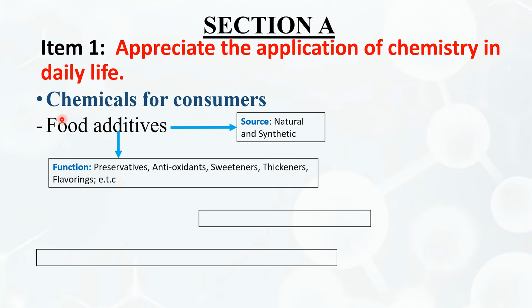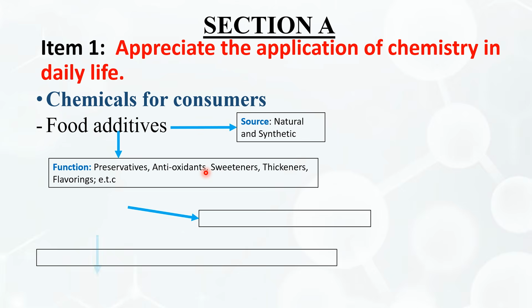Number 1, which we have said, is food additives. Food additives can be categorized according to the source, and also according to the function. But we don't need to forget that even these preservatives, antioxidants, and sweeteners can also be natural or artificial. We shall be able to see all of that.